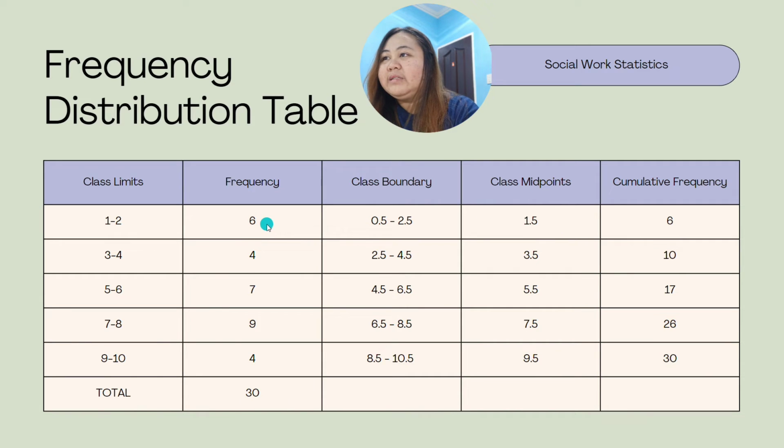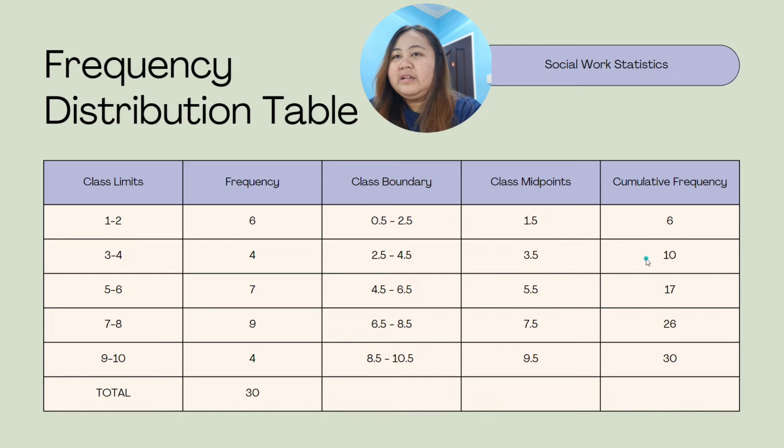So we have 6, so we put the 6 here. And after you copy the frequency, add the cumulative frequency of the first row to the frequency of the second row here. So 6 plus 4 is equals to 10.